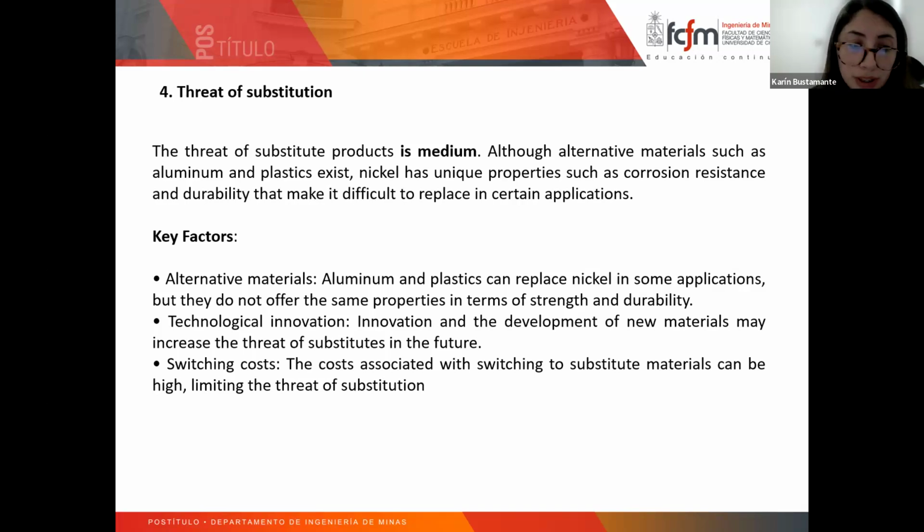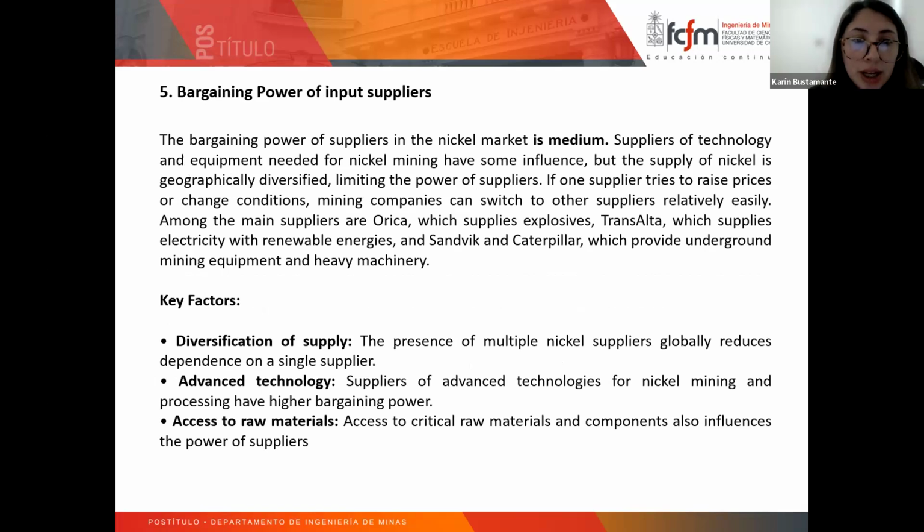Next, please, Francisco. Bargaining power of input suppliers. The bargaining power of suppliers in the nickel market is medium. Suppliers of technology and equipment for nickel mining have some influence, but the supply of nickel is geographically diversified, limiting the power of suppliers.